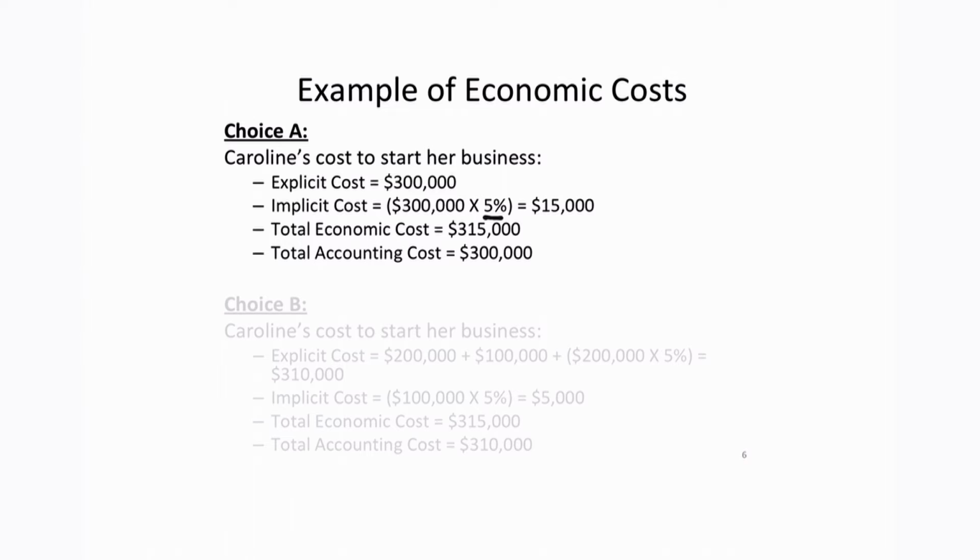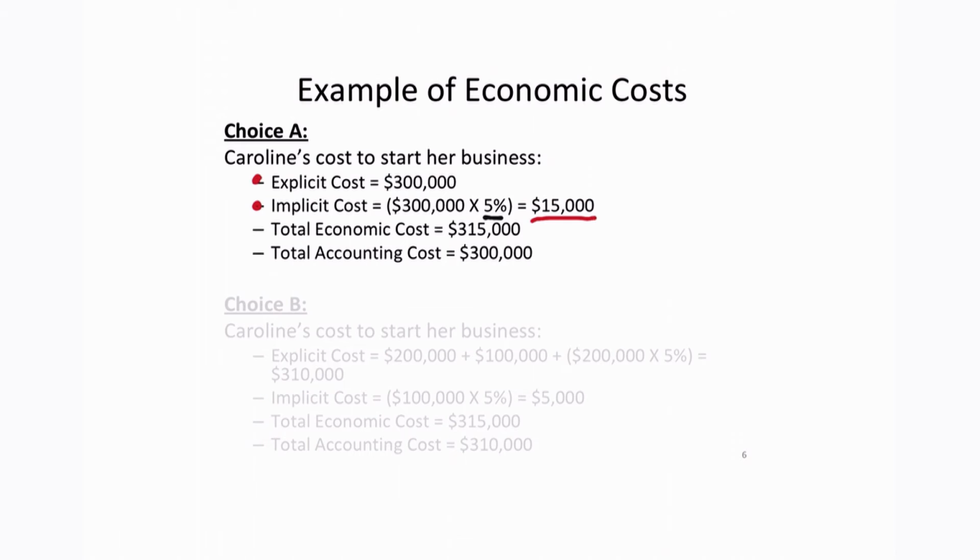So by pulling out the $300,000, she is losing the opportunity to gain $15,000 in interest income. So her total economic cost is going to be $315,000, the sum of her explicit costs and her implicit costs. Now, an accountant would say that her cost would be only her explicit cost, the $300,000.